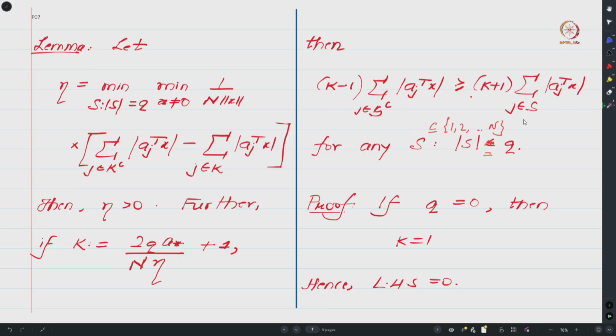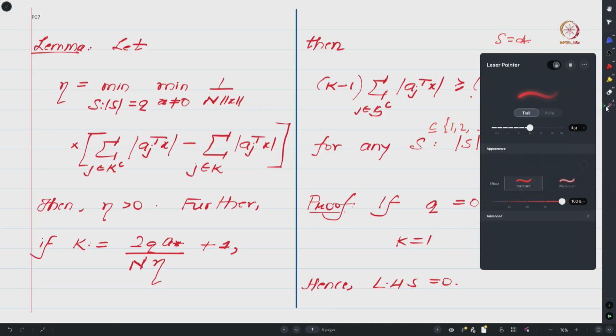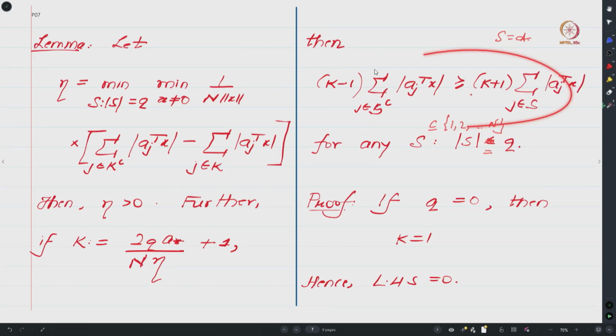In particular, I can take S to be A, we will actually do that, but here I am insisting that this inequality should hold for every S. The reason being that I do not know which set S is the set of adversaries; that is something I do not know. So at this point I am trying to ensure that this inequality holds for every S.